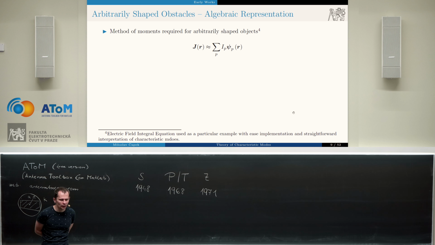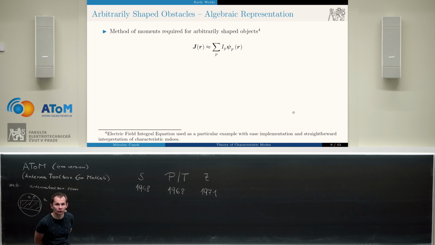But before that, let me introduce some method of moments code. This makes it possible for us to really discuss all the properties of the algebraic decompositions where the impedance matrix has been calculated somehow.